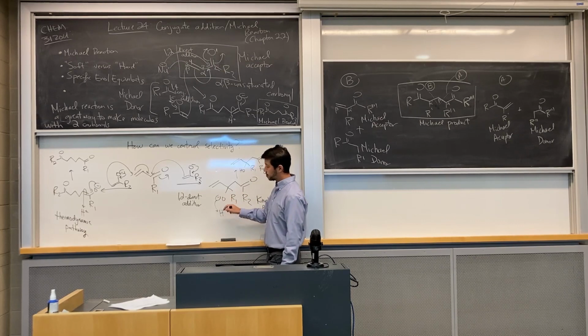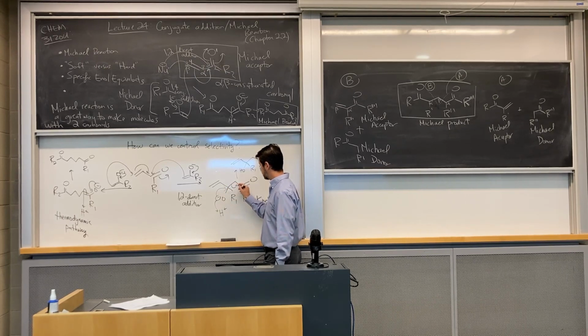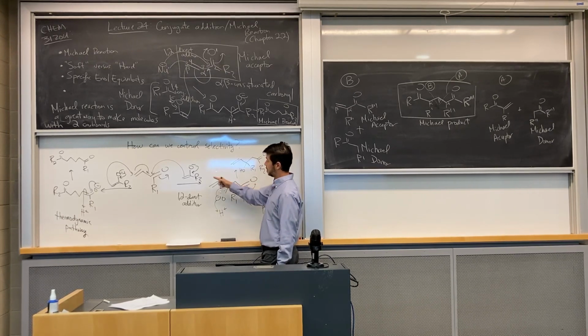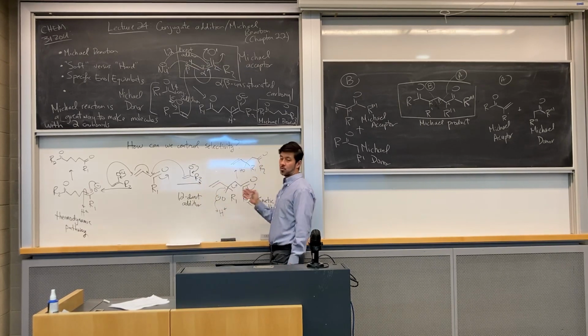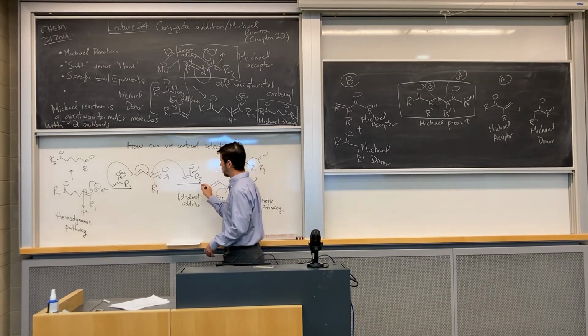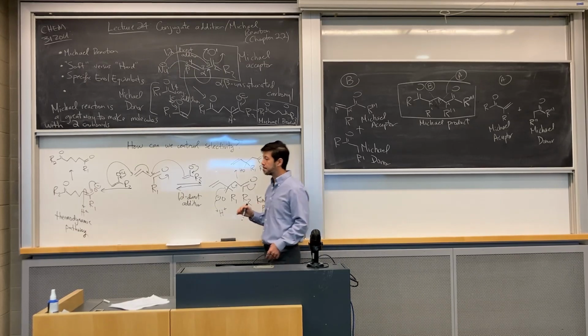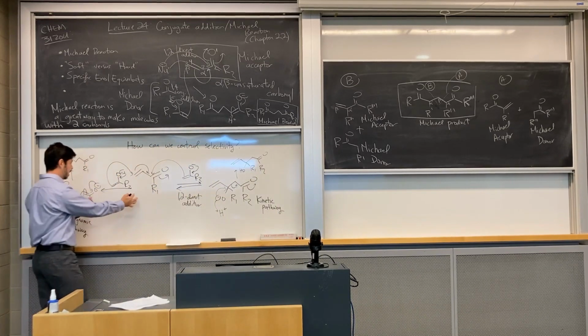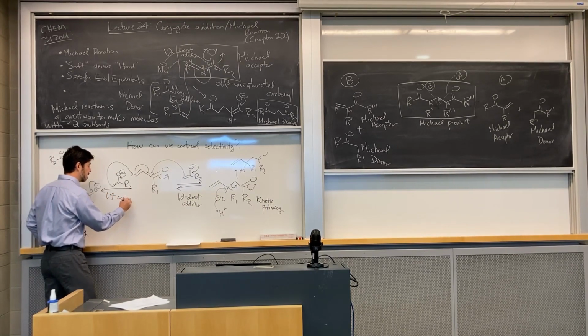So before this proton gets picked up, is it possible for the electrons to come back down here and then reform this enolate? Because if you can do that, then you increase the chance of it actually going to the thermodynamic pathway. So what we want to do if we're doing the Michael reaction is we want to increase the likelihood of reversibility of that 1,2 direct addition so that we increase the chances of making our 1,4 conjugate addition product.